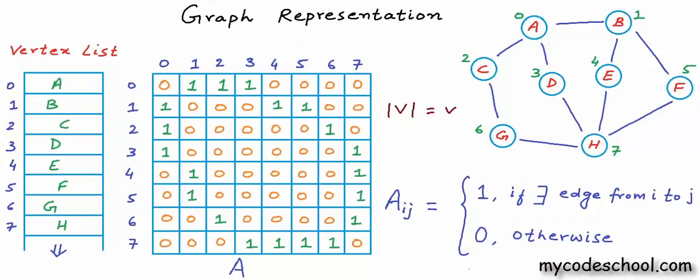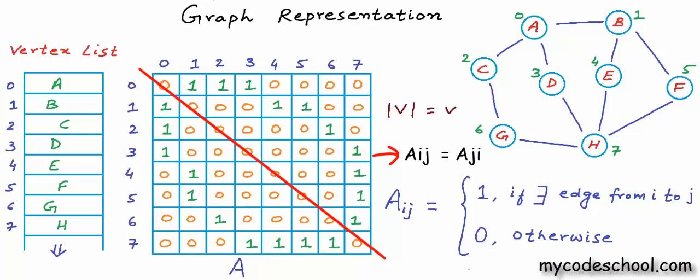Notice that this matrix is symmetric. For an undirected graph, this matrix would be symmetric because A[i][j] would be equal to A[j][i]. We would have two positions filled for each edge. In fact, to see all the edges in the graph, we need to go through only one of these two halves.